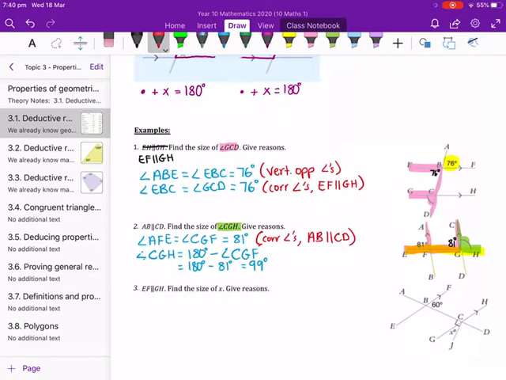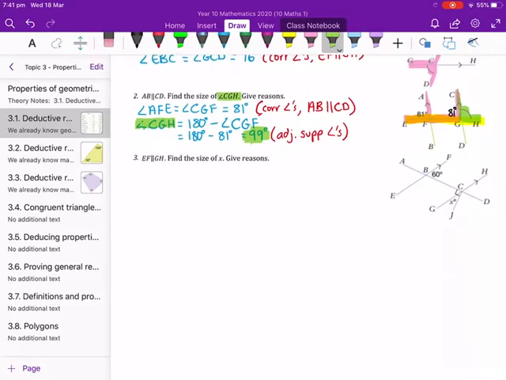And our reasoning for this is how we find angle CGH is because of adjacent supplementary angles. So that means that our straight angle of a straight line adds to 180 degrees. So now we have found our angle CGH to be equal to 99 degrees. And that is that problem solved. And we have given reasons.